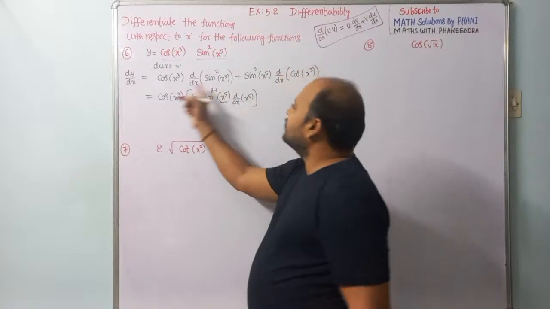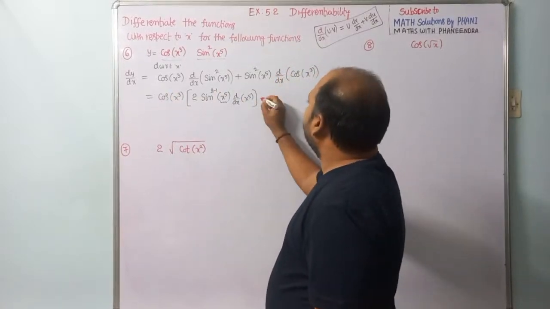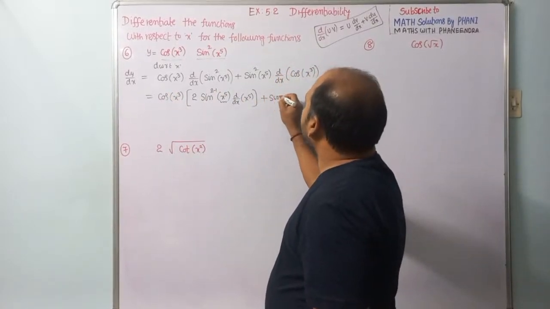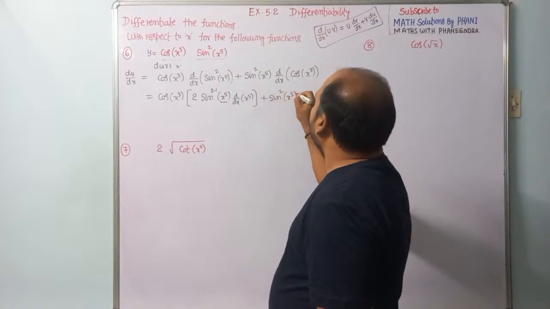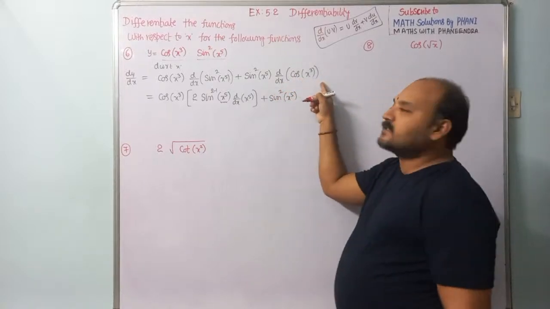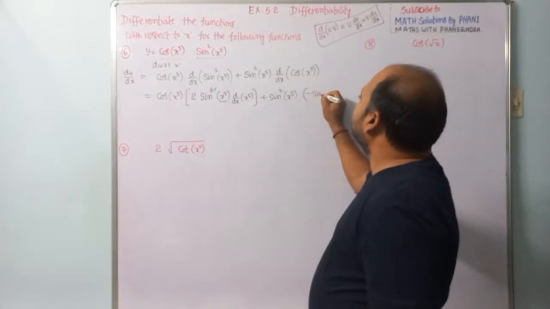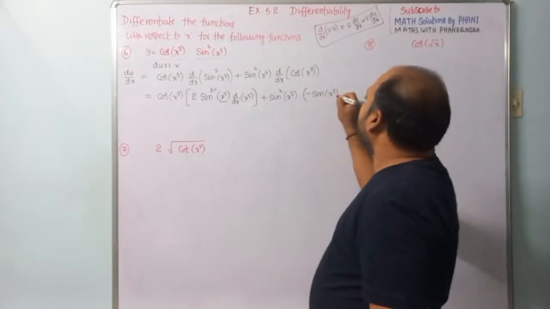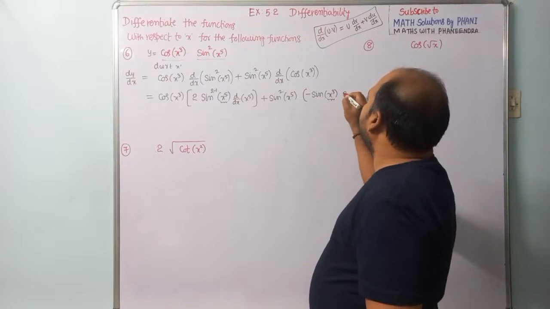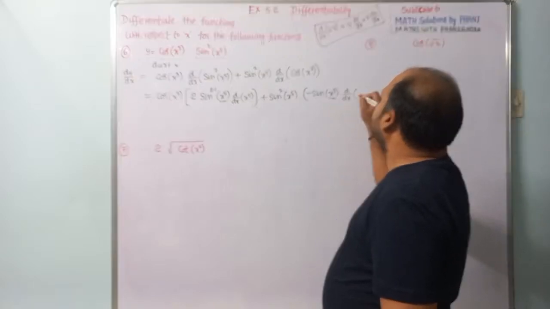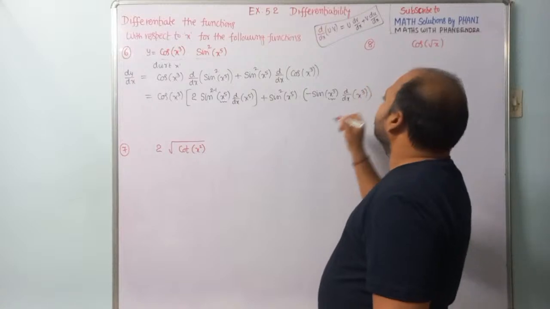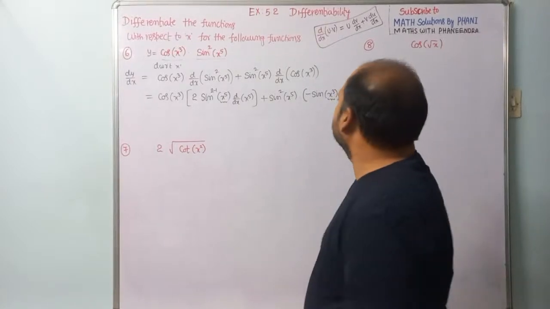So this differentiation is completed. Plus sine square of x power 5, d by dx of cos x cube, it is in the form, d by dx of cos is minus sine x power 3. Again x power 3 derivative. Okay, dear students.